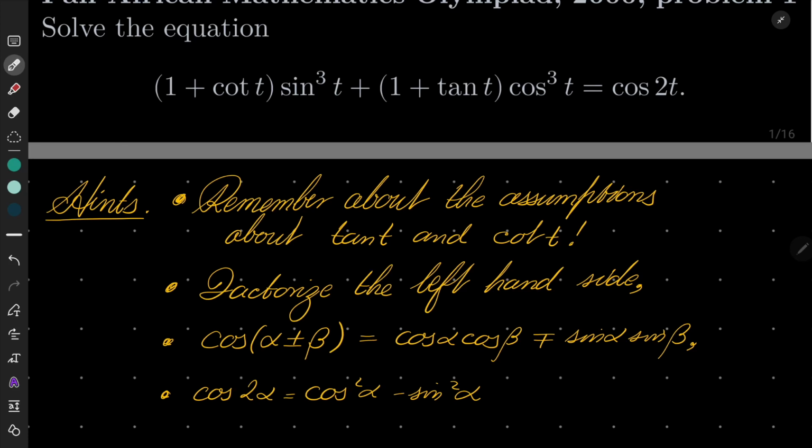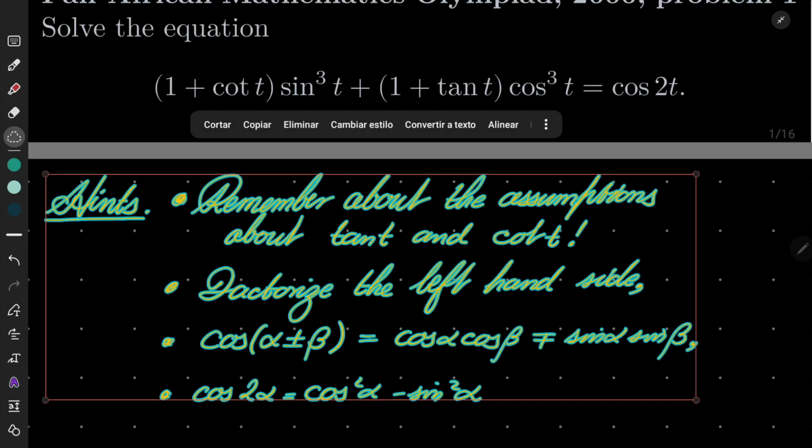In particular, a corollary is that cos 2α = cos²α − sin²α. So give this problem a try and I will see you in a minute.